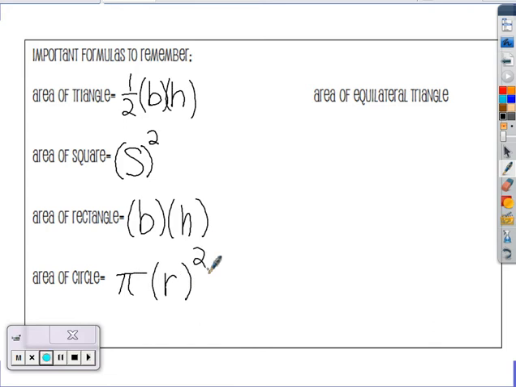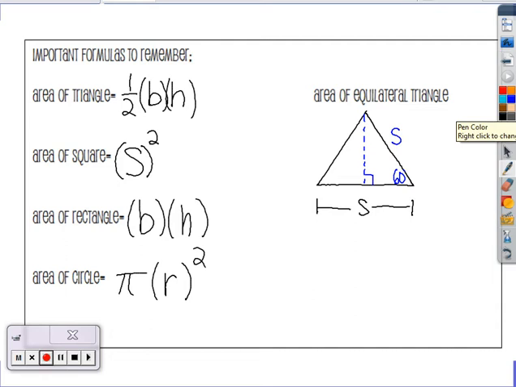And the area of an equilateral triangle. Let's draw that out. Okay, so call that the side of an equilateral triangle. I'm going to drop a height down. You should realize that all the angles of the triangle are 60 degrees. And if this whole thing is s, then this whole thing over here is also s. And there is a 30, 60, 90 relationship, which I'll put over here for you.